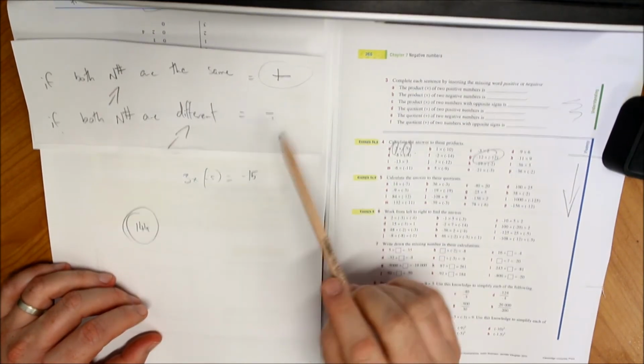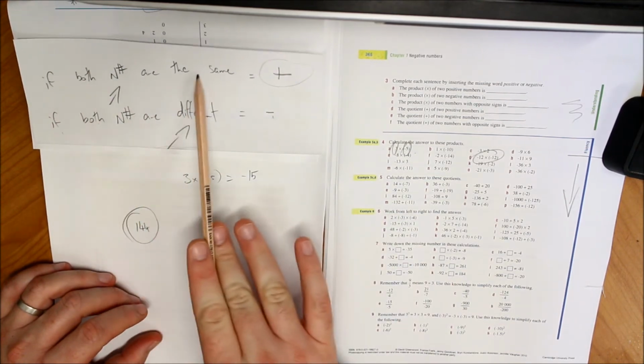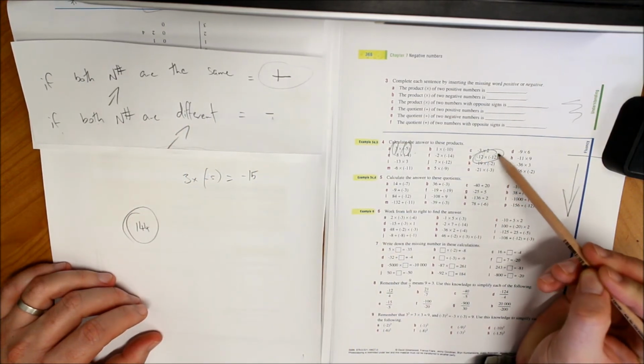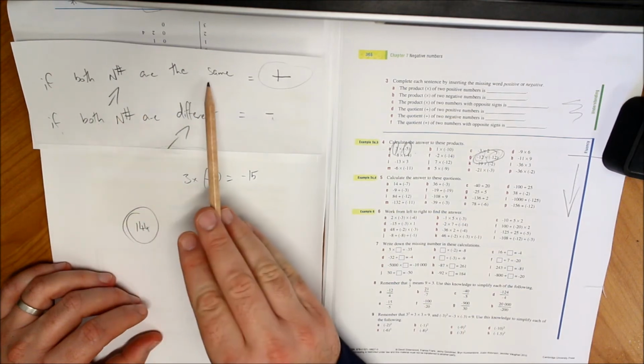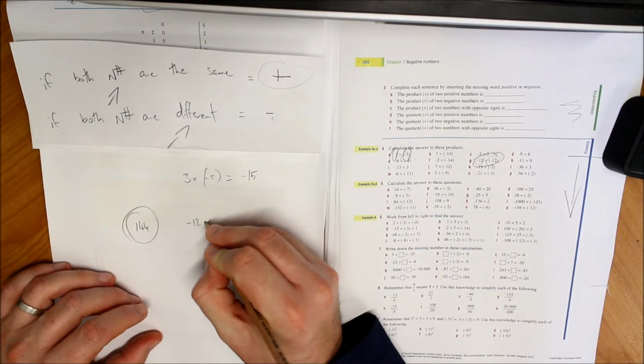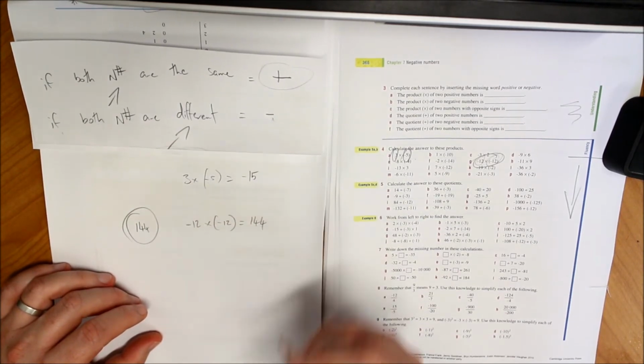But do we know if it's going to be a positive or a negative? Well, if both numbers are the same, it equals a positive. If both numbers are different, it equals a negative. Guess what? We've got a negative and a negative. So both the numbers are the same. That means it's going to be a positive. So negative 12 times negative 12 equals 144.